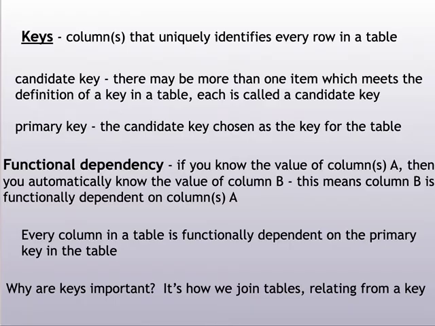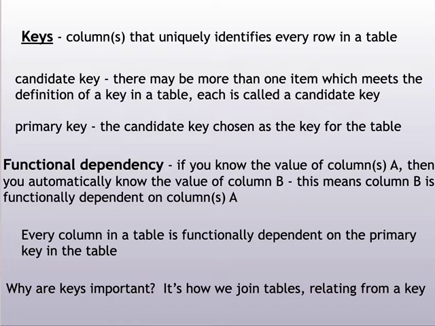Now, key to normal forms and to relational data are keys, those columns that uniquely identify the rows in the table. Now, there can be many candidate keys, many either single or multi-column combinations that will uniquely identify a row. We're striving for the smallest keys, so the fewest number of columns that we can for a table, and it's often one.